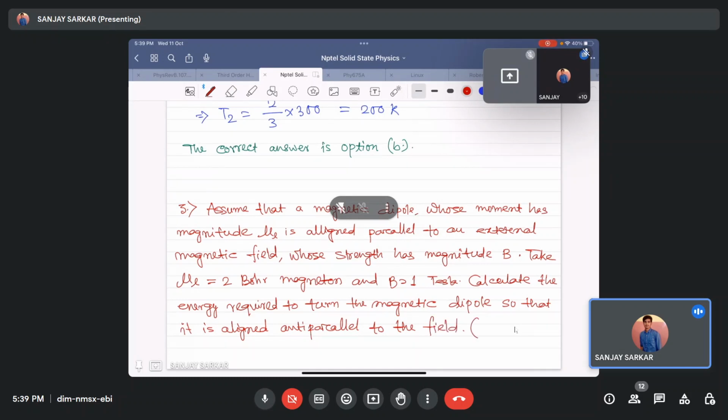And 1 Bohr magneton, mu B, is also given in the question: 9.274 into 10 to the power minus 24 ampere meter square.